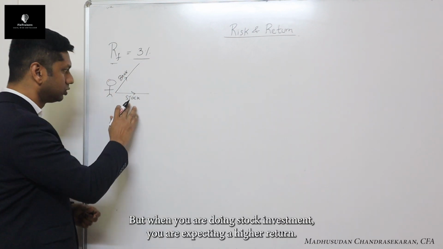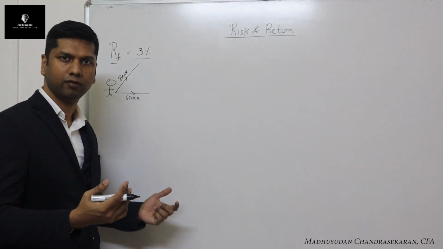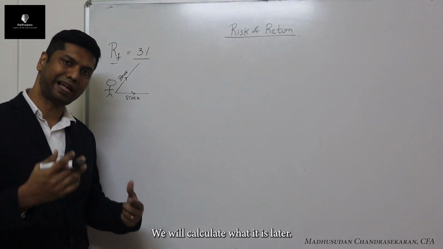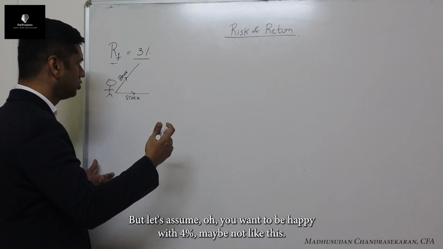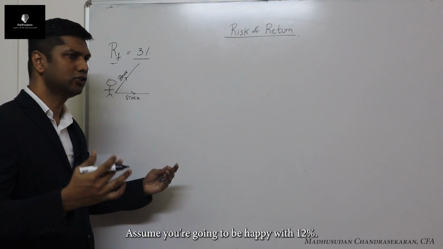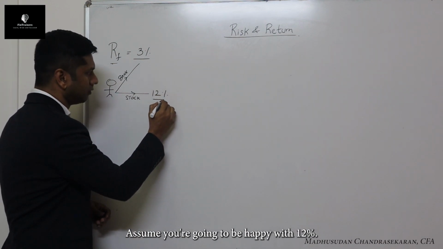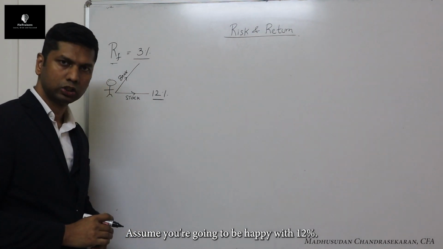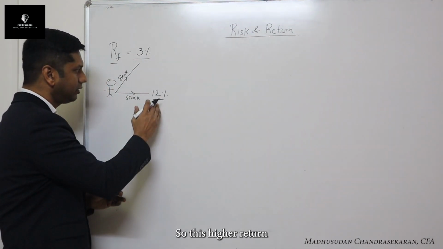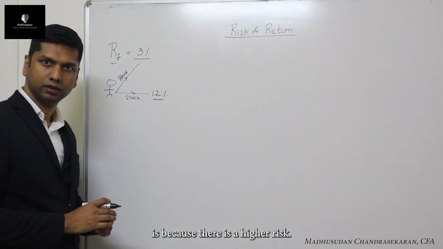But when you are doing stock investment, you are expecting a higher return. We don't know what it is; we will calculate it later. But let's assume, are you going to be happy with 4%? Maybe not, right? Let's assume you're going to be happy with 12%. So this higher return is because there is a higher risk.